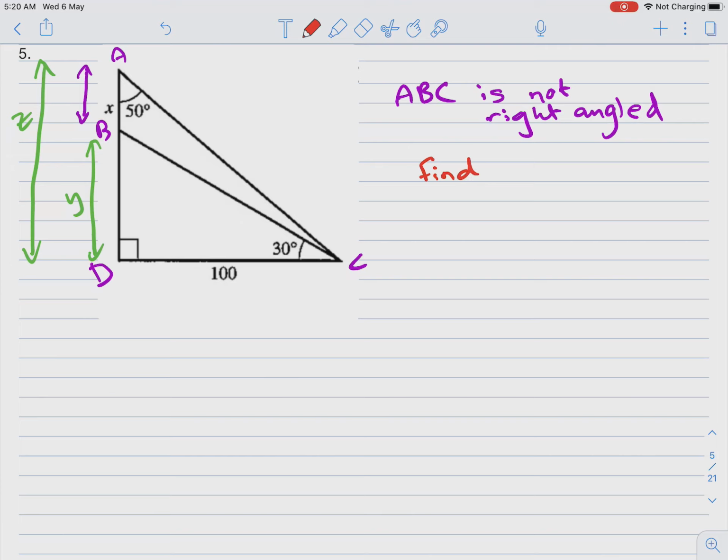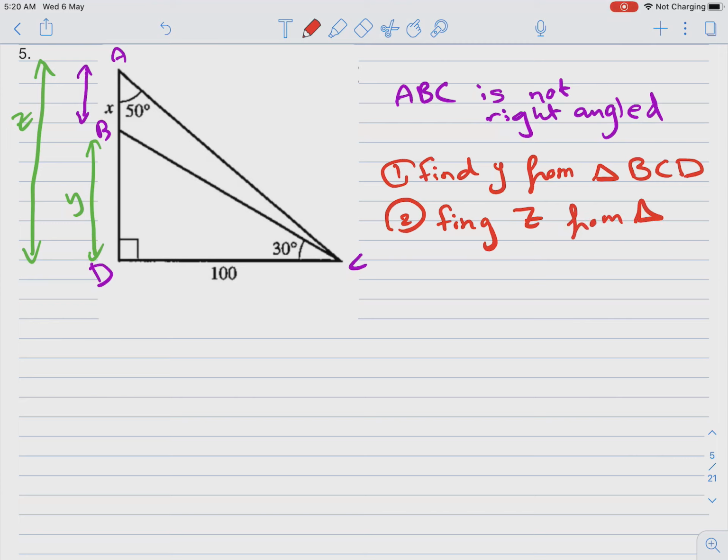Find y from triangle BCD, then find z from triangle ADC, then z minus y will give me x. So first I need to find the y.